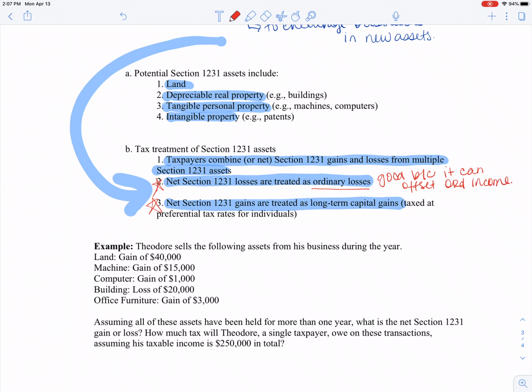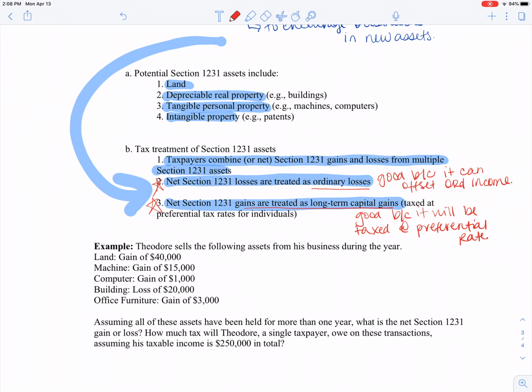And then I'm going to say for number 3, if you have the gain and you get to treat it as a long-term capital gain, that's good because it will be taxed at a preferential rate. So you're kind of getting the best of both worlds here.